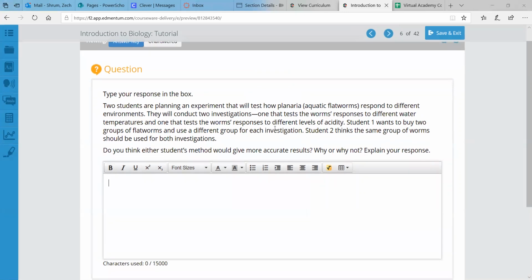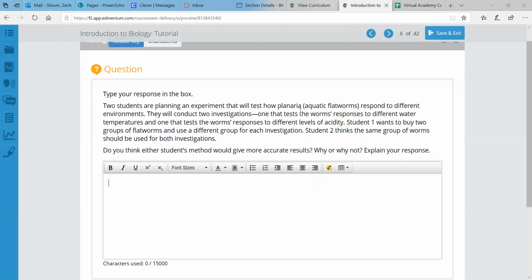So in this question, 2 students are planning an experiment that will test how planaria, aquatic flatworms, respond to different environments. They will conduct 2 investigations. One of them tests the worms' responses to different water temperatures. The other is seeing how they respond to different levels of acidity.